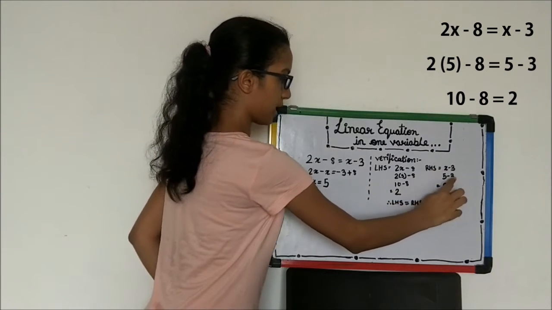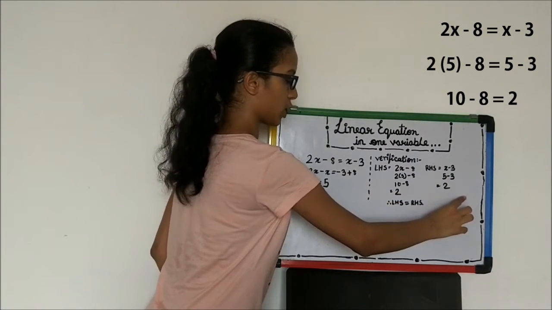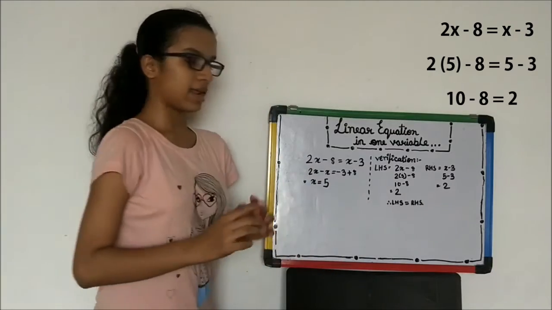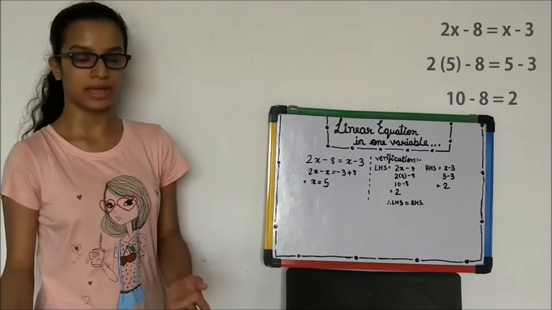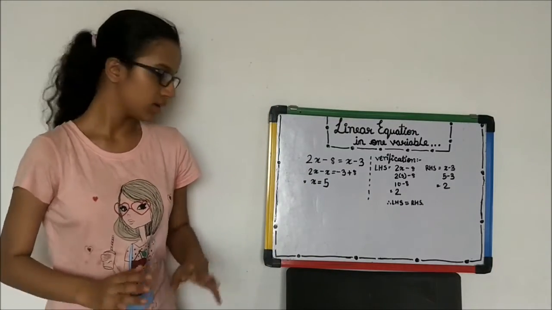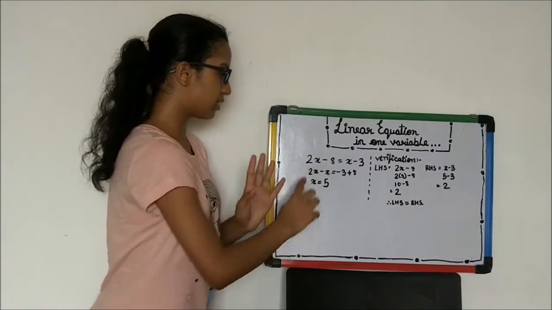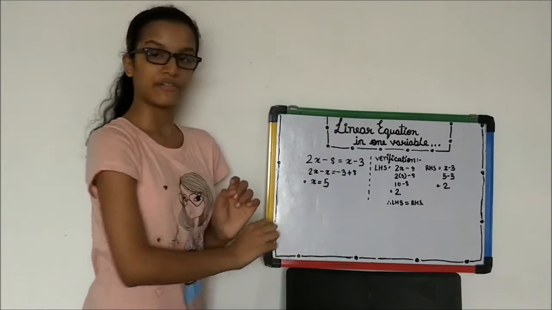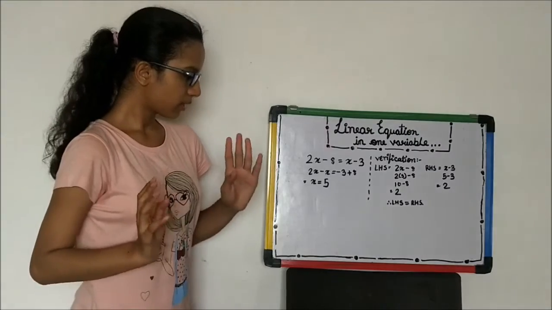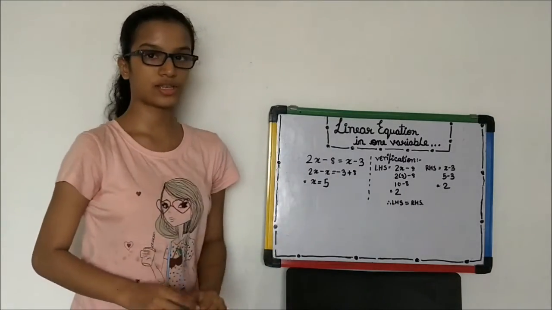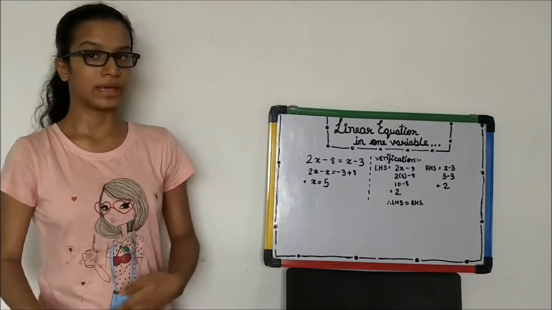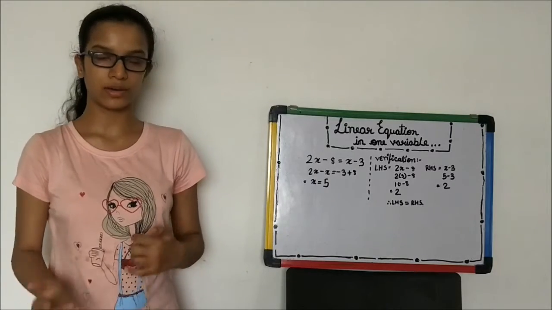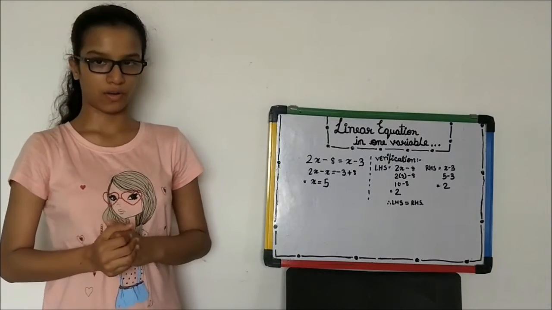And for RHS, x minus 3, that is 5 minus 3, the answer is 2. And LHS equals RHS means our answer is correct. And the value of x on both the sides is 5. But if in case our LHS doesn't equal RHS, meaning both values are different, then our answer is wrong.